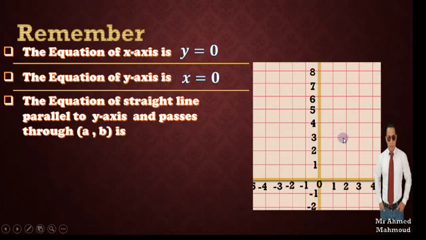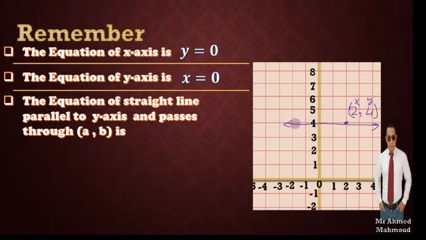If we have a point here and a straight line passing through this point, and this straight line is parallel to the x-axis. Here this point is (2, 4): x equals 2 and y equals 4.